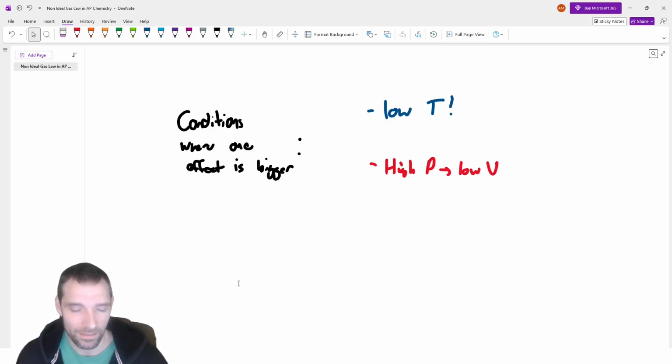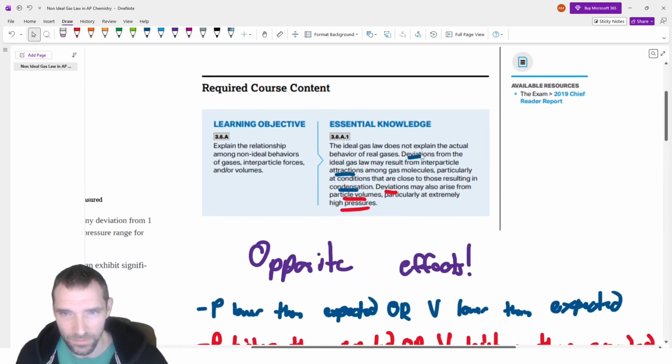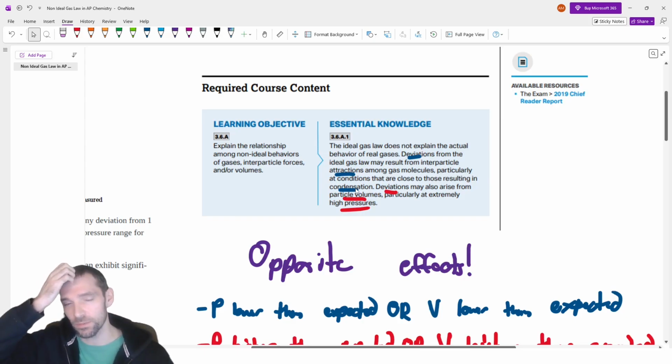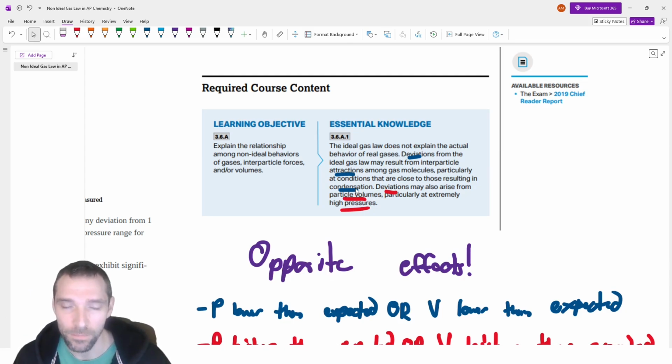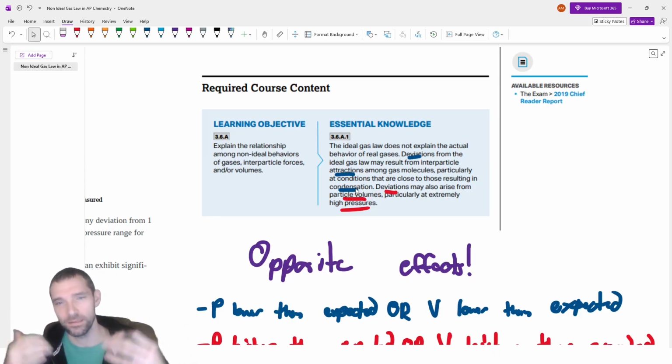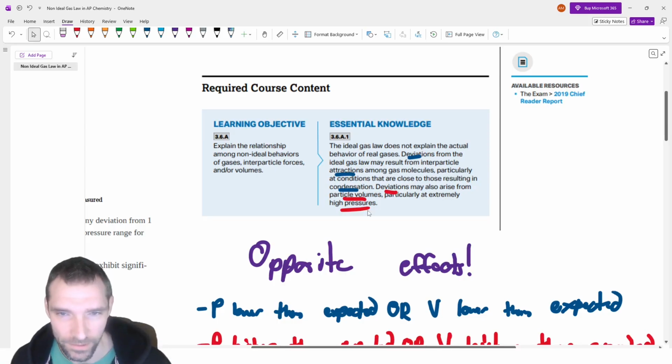You might think, in the AP Chem course description, they're talking about things that result in condensation. That's low temperature. You might think high pressure, well, that's going to cause things to condense possibly. But the bigger effect at high pressures is the particles' volume, because now they're taking up significant amounts of space. So these things might both go up in terms of their effect at higher pressures, but the volume's effect is bigger at those higher pressures.